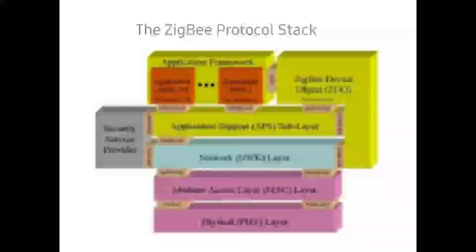Now we see about the ZigBee protocol stack. ZigBee and IEEE 802.15.4 are standard-based protocols that provide the network infrastructure required for wireless sensor network applications. 802.15.4 defines the physical and MAC layer and ZigBee defines the network and application layer.